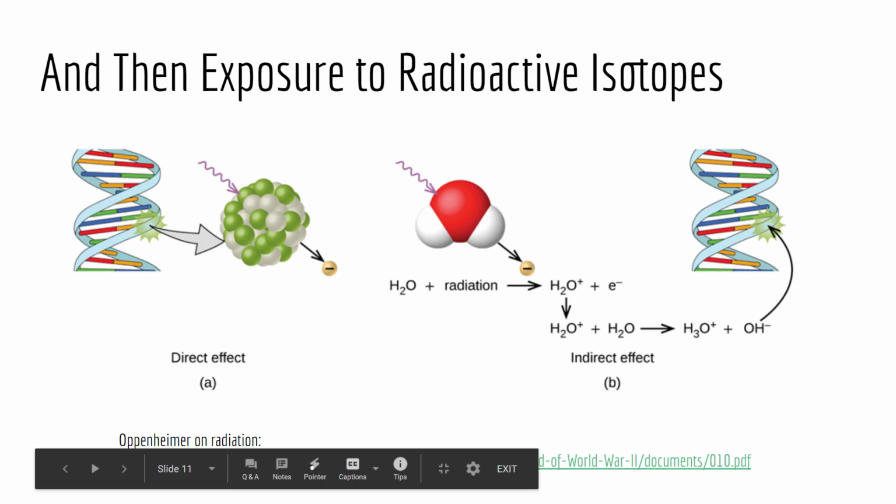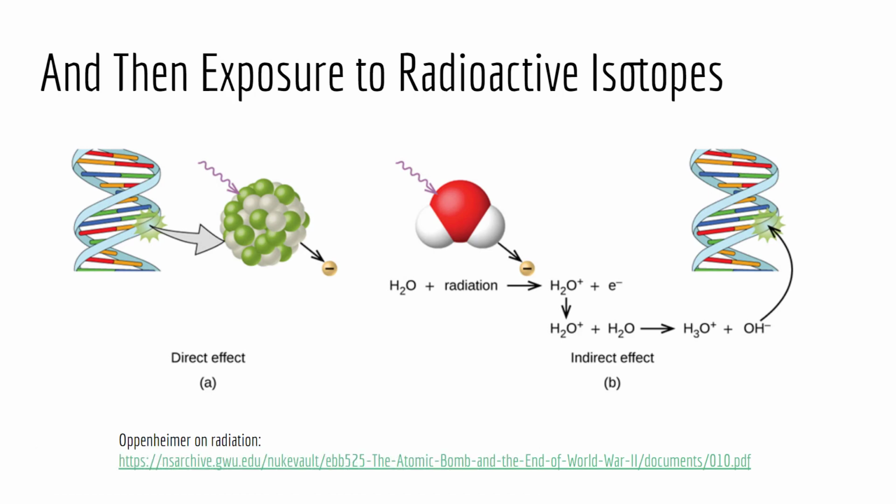Some of it's just tissue damage. Others are direct radiation, where it hits a nucleus and changes an atom, and that can cause DNA modification issues. You can also have radiation hit other molecules, and then they can create molecules that can ultimately go and damage DNA. So it's direct and indirect radiation.